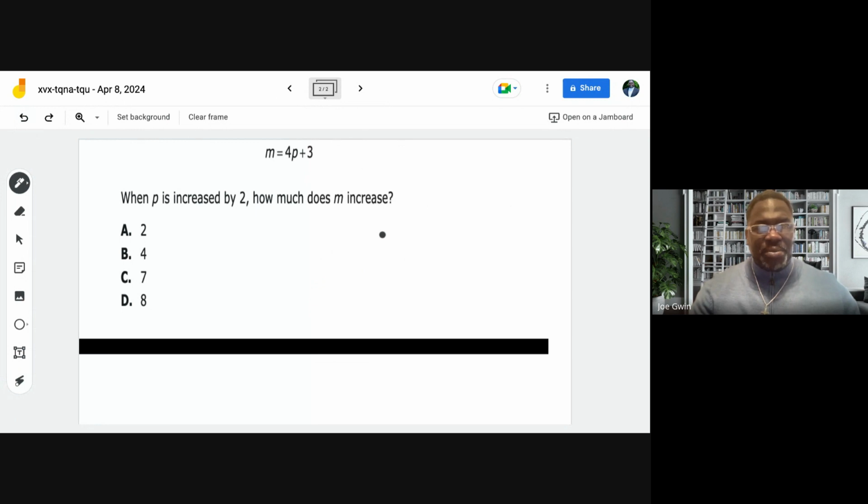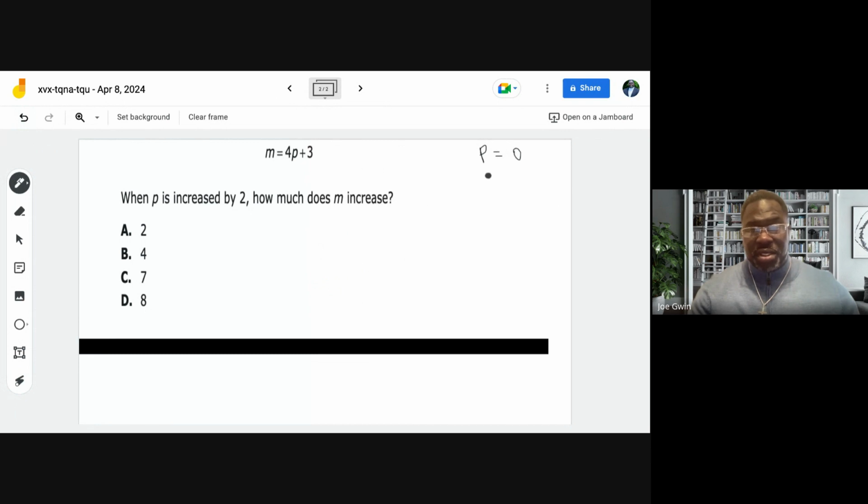So let's check it out. Well, first of all, we don't know what P is. It says P is increased by 2, but what was it before? We don't know, right? So what I'm going to do is choose some values. I'm choosing P equals 0, because these are going to be easy to plug in. You can choose whatever you want.